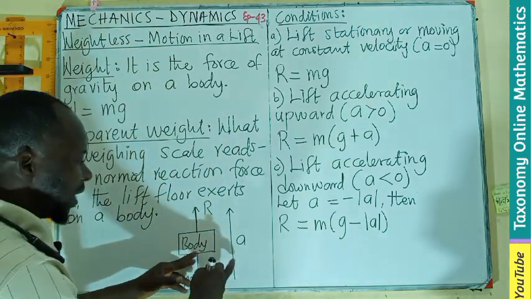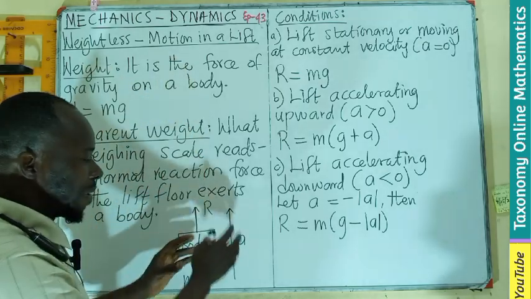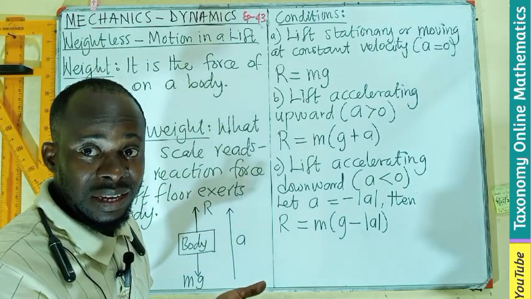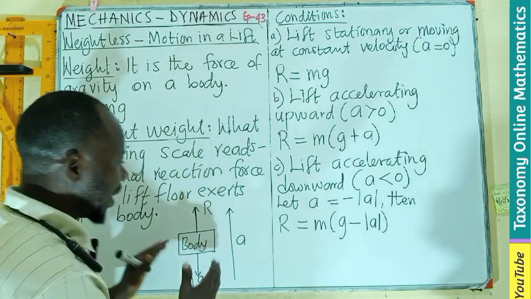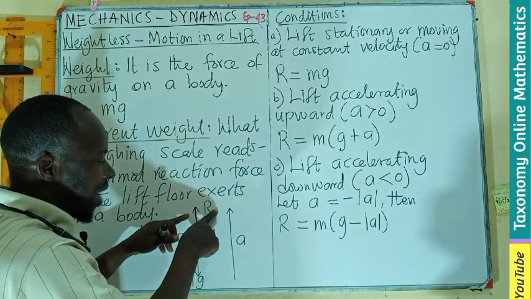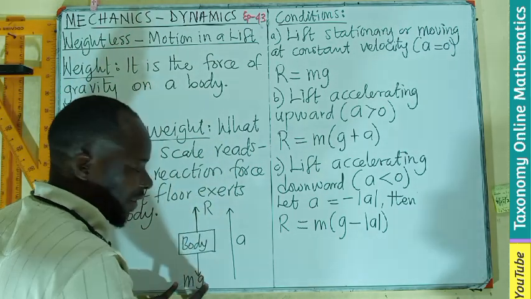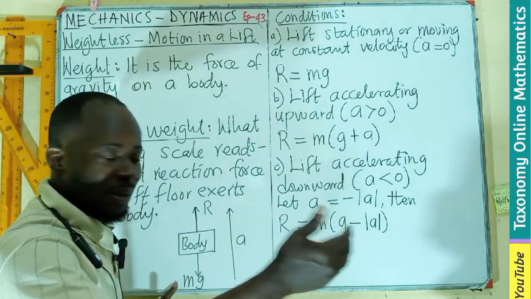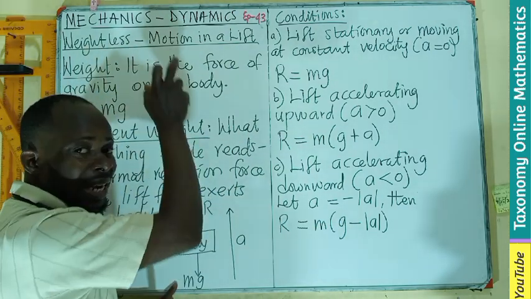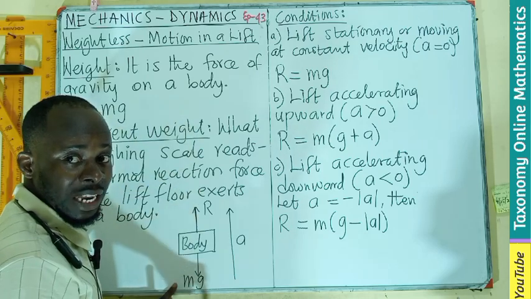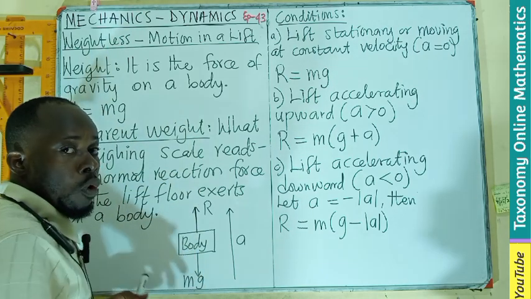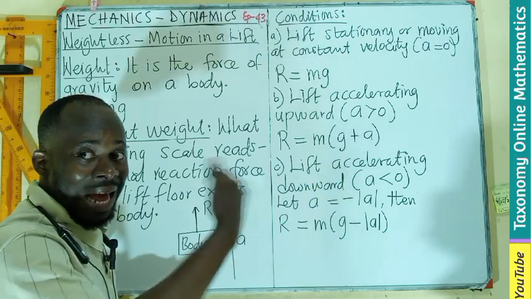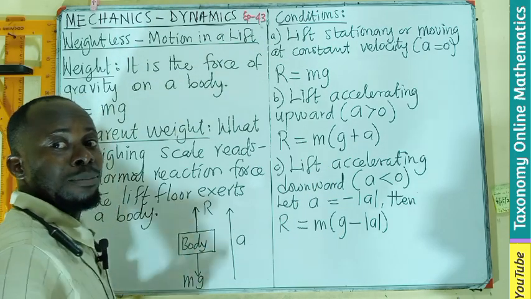If the body is moving up, remember, as it moves up, you are feeling a lot heavier than usual. So for the upward movement, we have this minus this equals the force that is going to be applied. The normal reaction exerted by the floor of the lift minus your own weight equals that particular external force that is causing the movement of the lift.